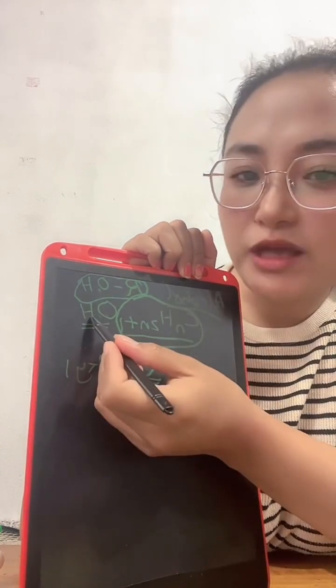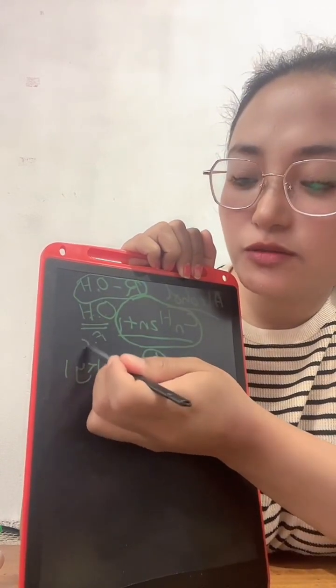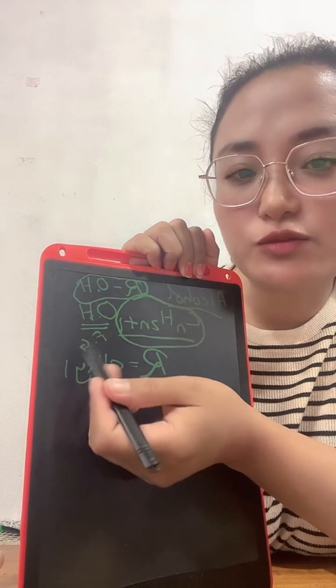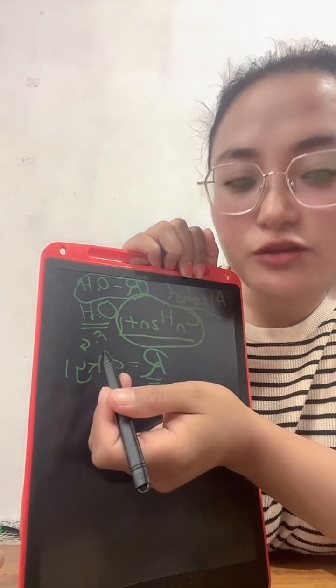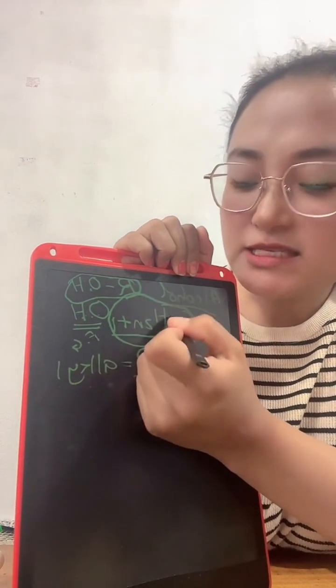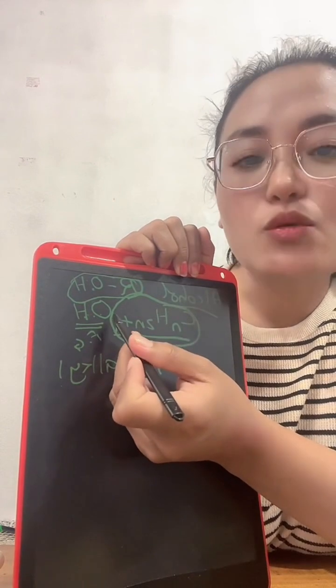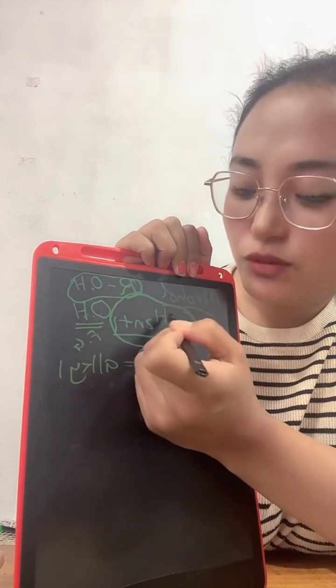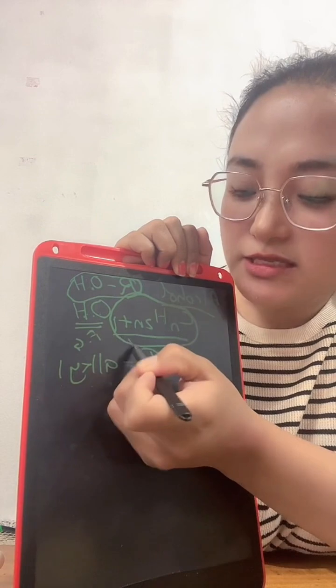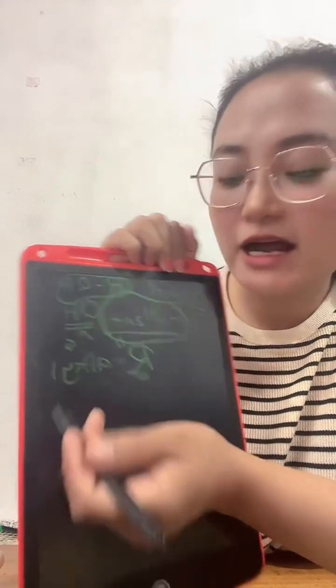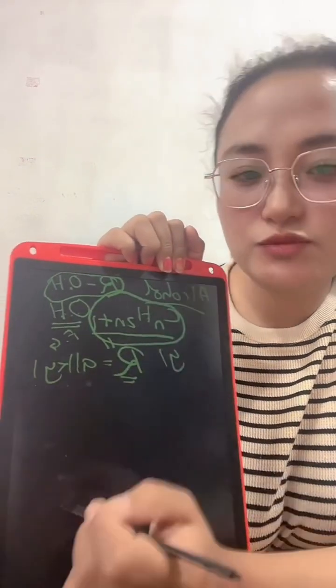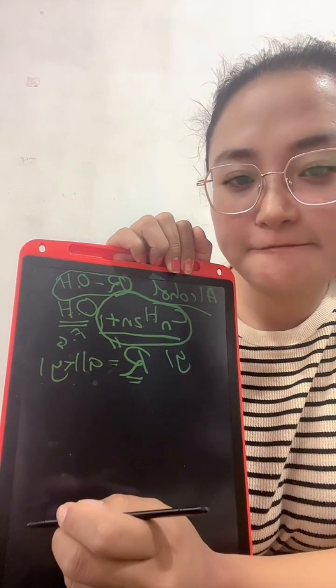Okay, so the OH we call the functional group. We will see functional groups later on. So the general formula of alcohol is CnH2n plus 1 OH. Now CnH2n plus 1 is the general formula for alkyl.